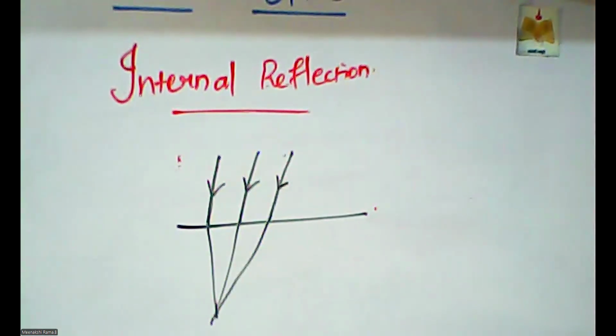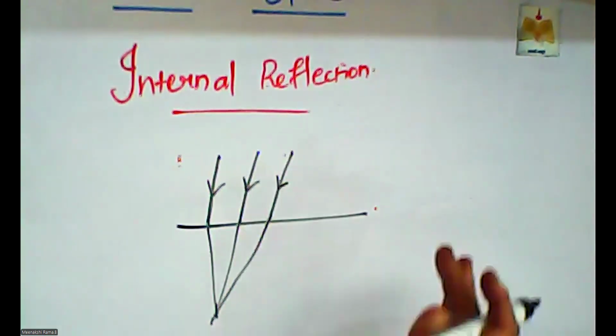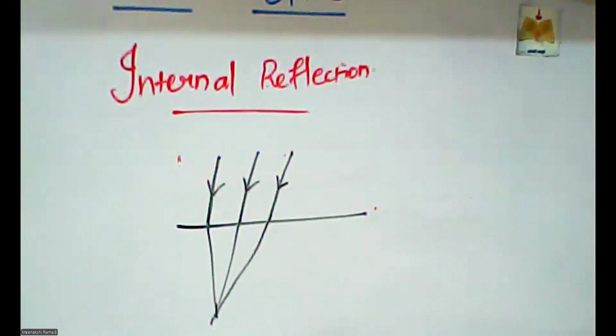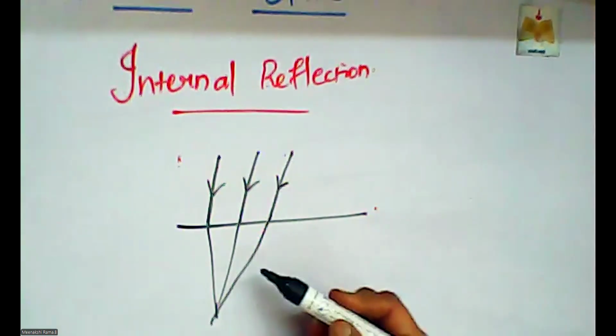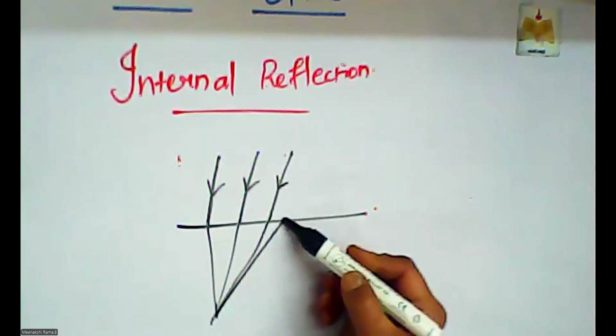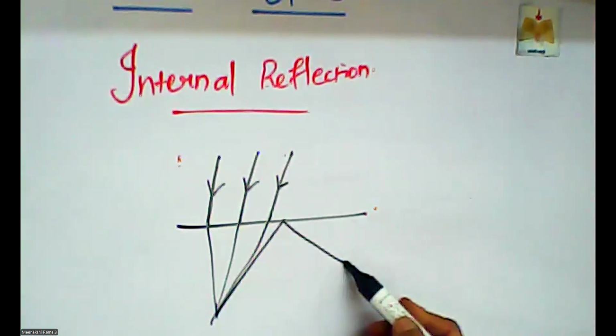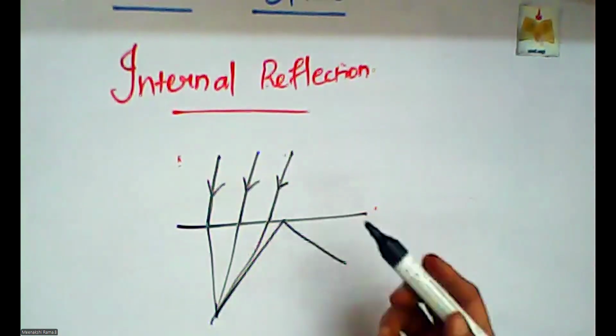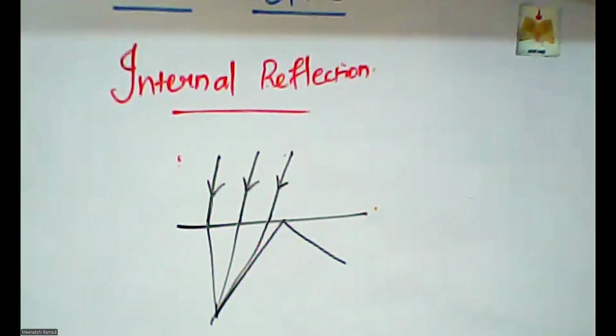Internal reflection is nothing but light traveling from the denser to the rarer medium. The light is reflected here: this is the incident ray, and the refracted ray is reflected.